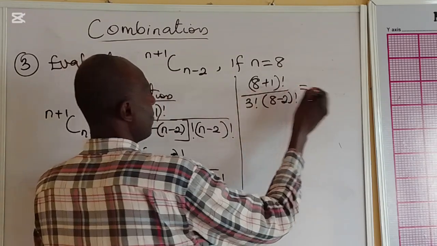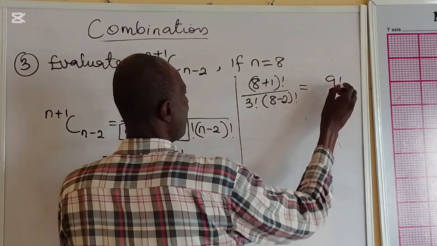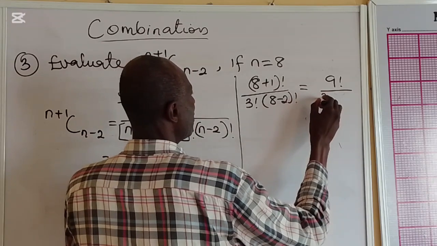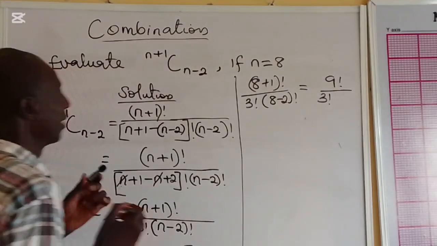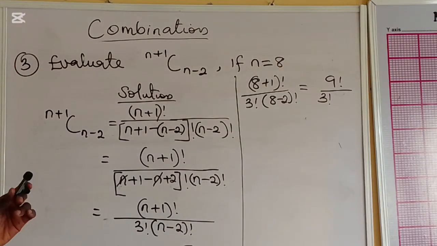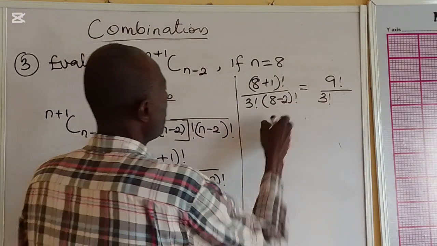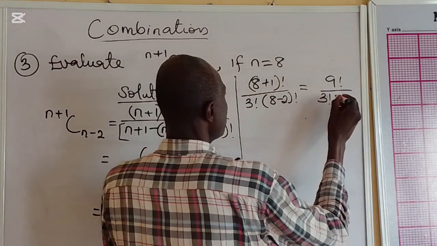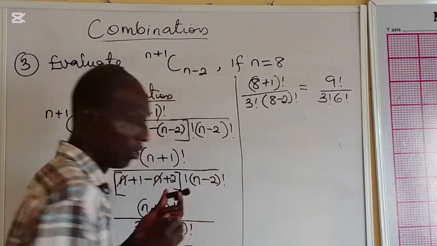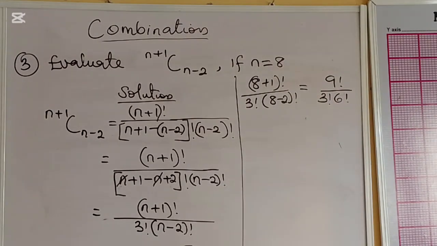So what is 8 plus 1 is 9 factorial over 3 factorial. Then, what is now 8 minus 2 is 6 factorial. So we can now work.